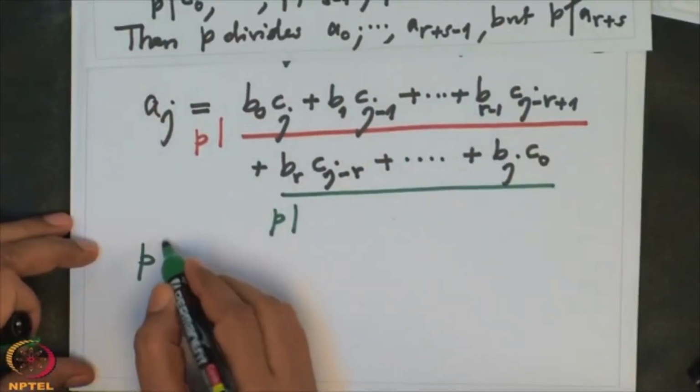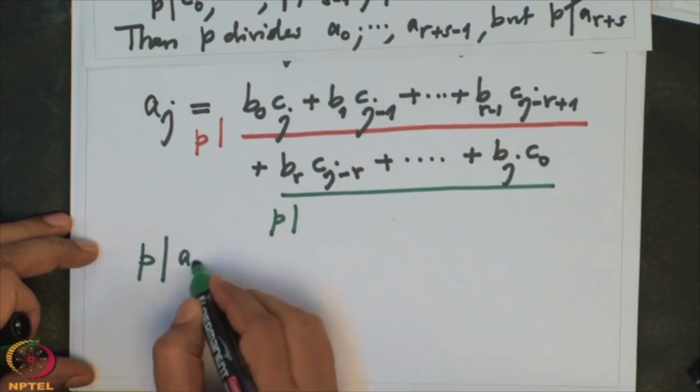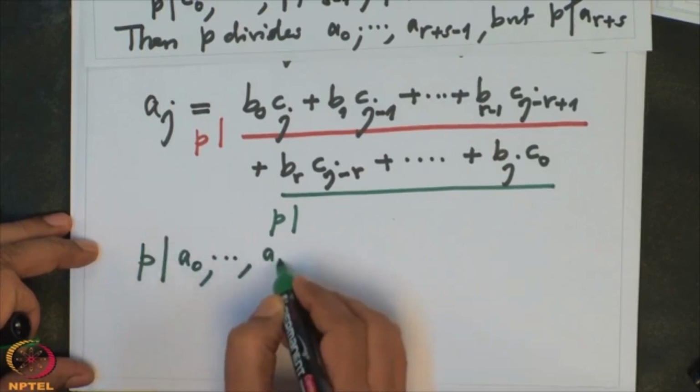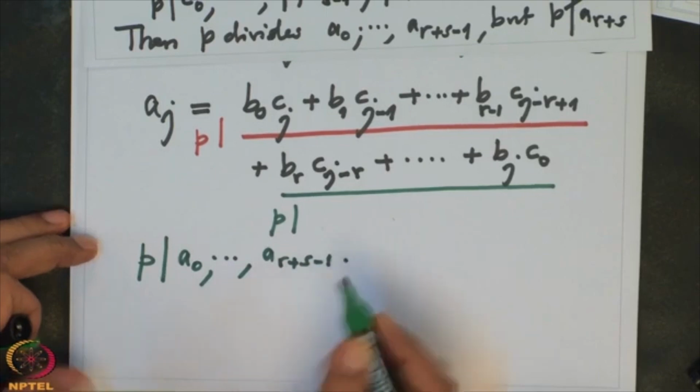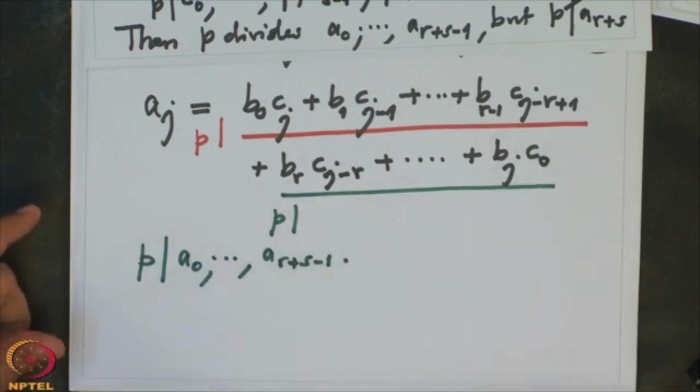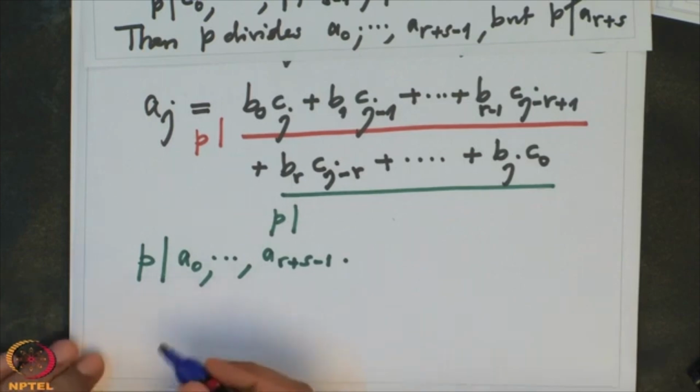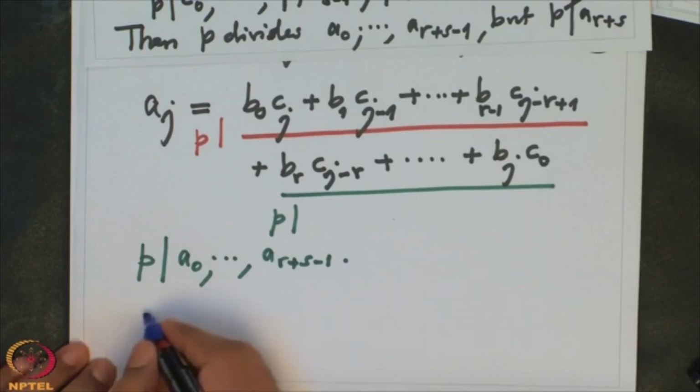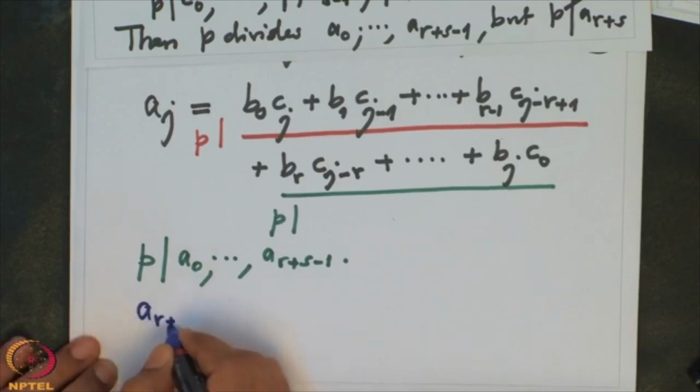So what we have proved is p divides a0 to a(r+s-1). Now I have to show that p doesn't divide the next one. So what is that coefficient? You just write it again, a(r+s).